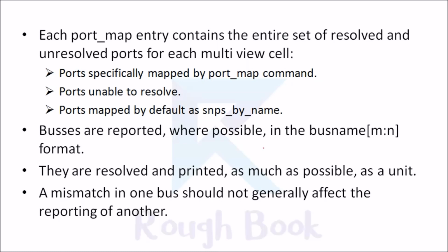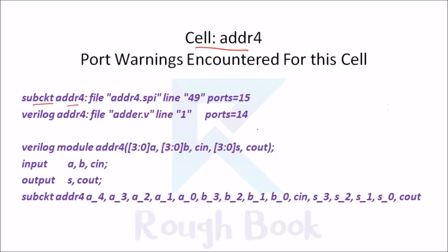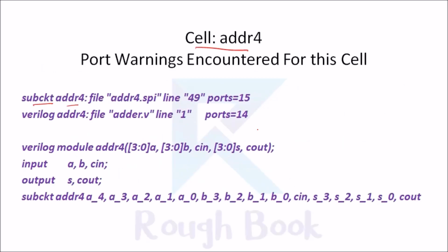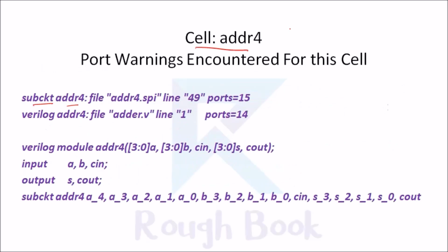As you can see in this example, it shows the cell name and modules and sub-circuits. The cell name is adder4, and it also tells each cell name and where to find the cell definition within the overall design.